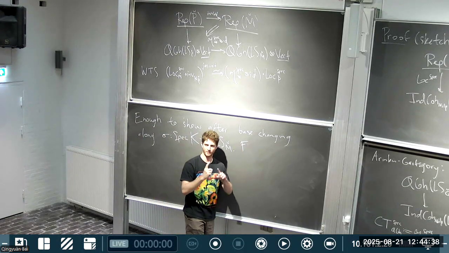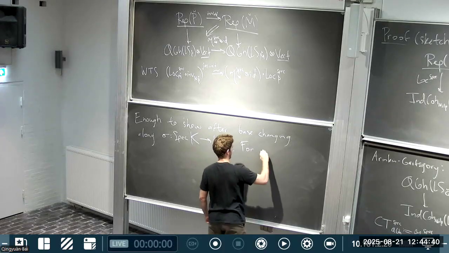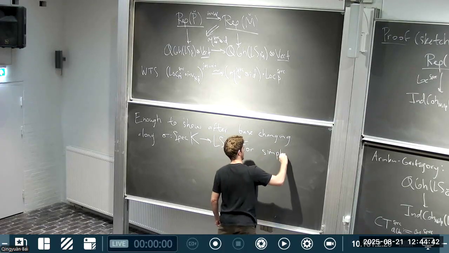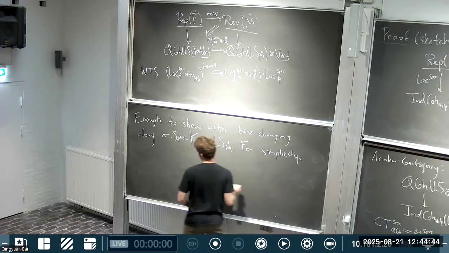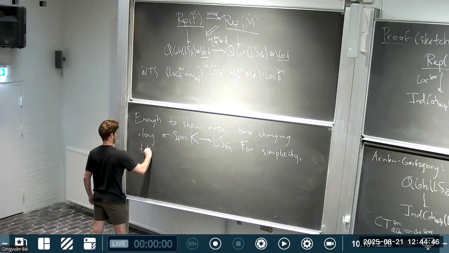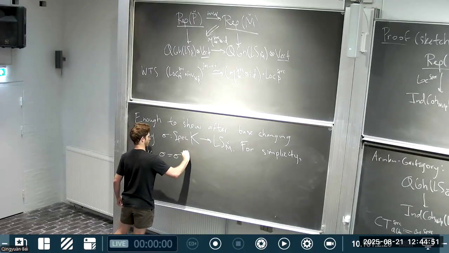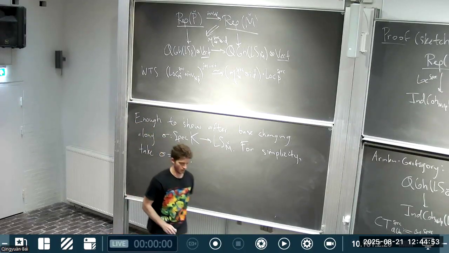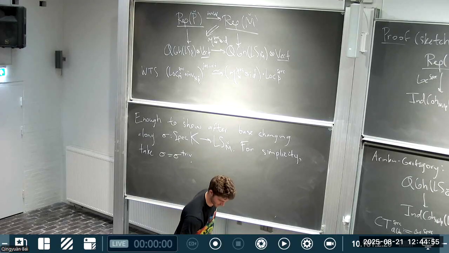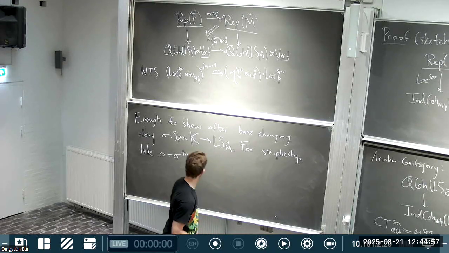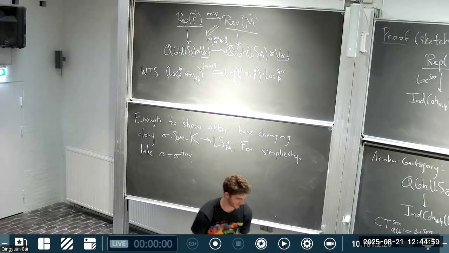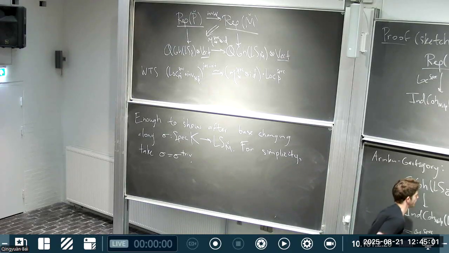The general case is very similar with some twists. Okay. And so then what we find is we have to show the following square commutes.